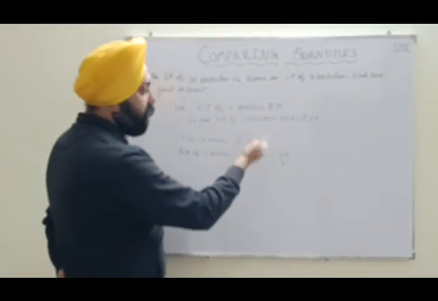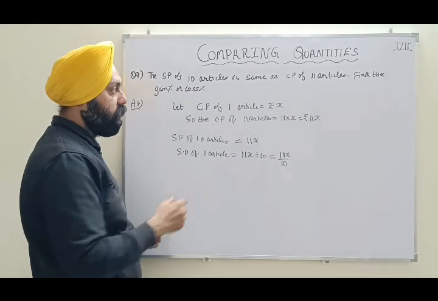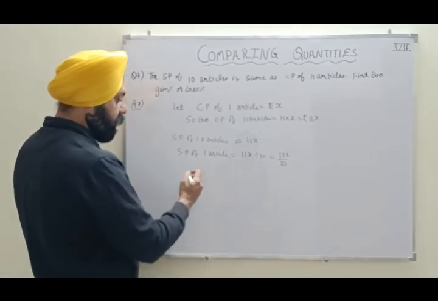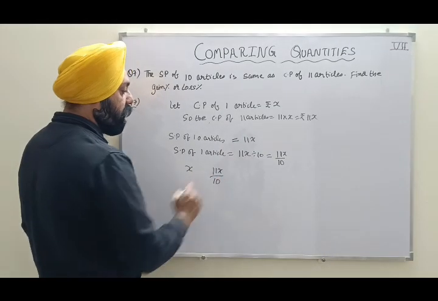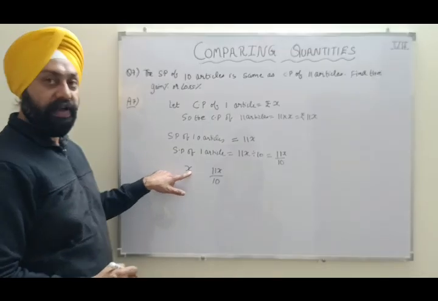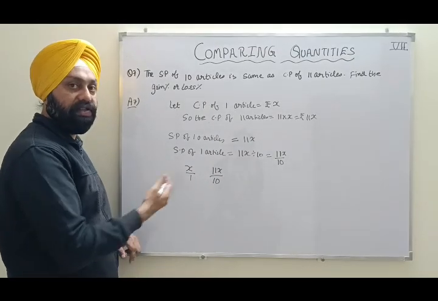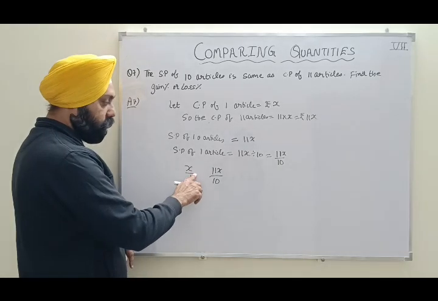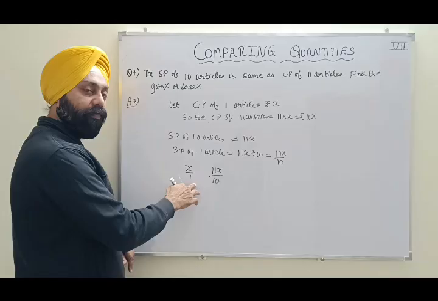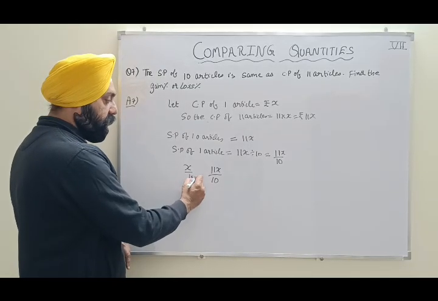We are not sure whether it is a profit or loss, because we have X on one hand and 11X upon 10 on the other hand. The denominator of X here is 1 and here it is 10. So let's first make them like fractions. To make like fractions, we will take the LCM of 10 and 1, which is obviously 10. So into 10.